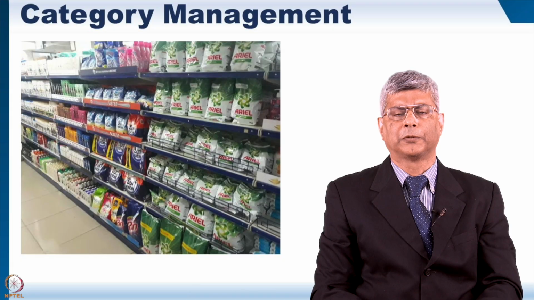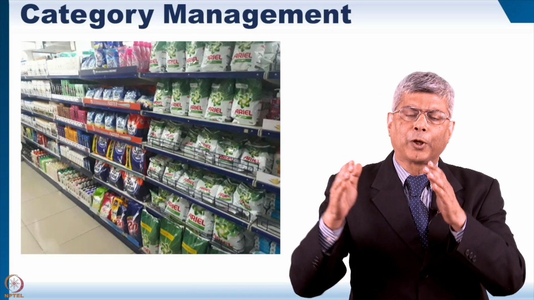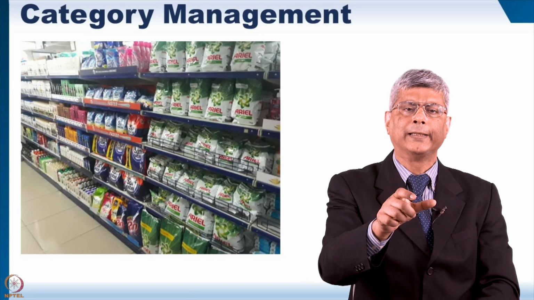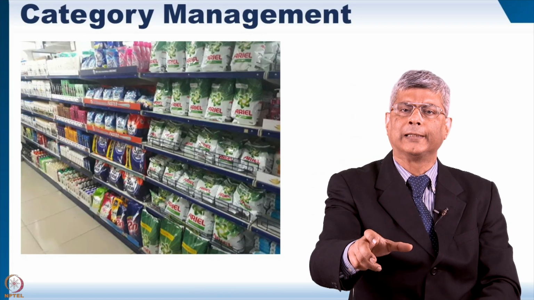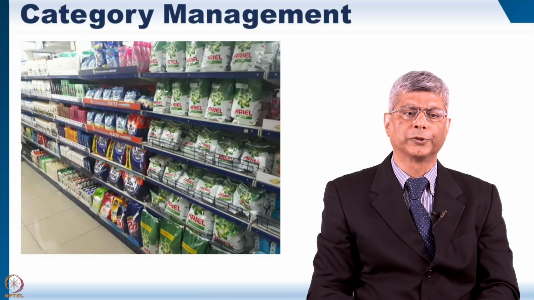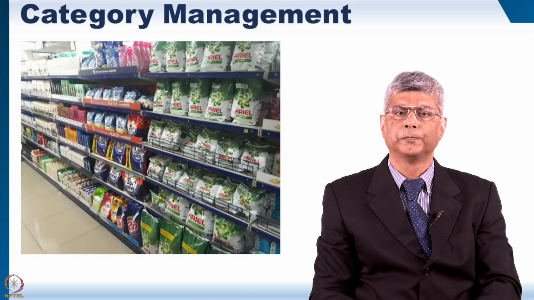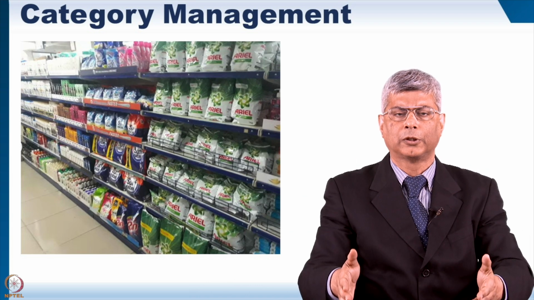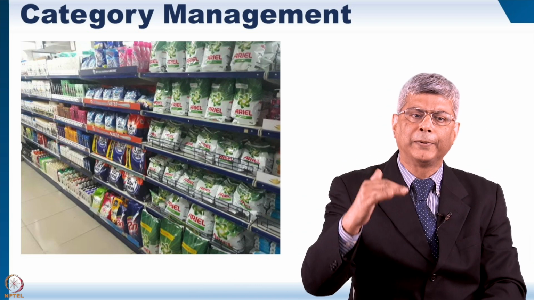Category management I talked about. So what's category management? It's the products that you store, the categories that you store. So here you find there's a whole row of Ariel, which is a detergent for washing clothes. And they've got Surf. So the first 2 columns or rows of shelves are filled with detergents.